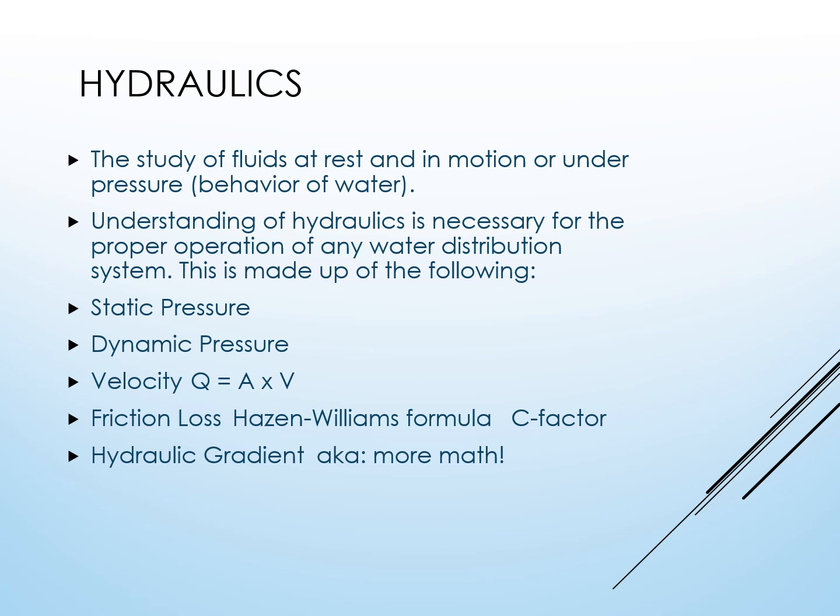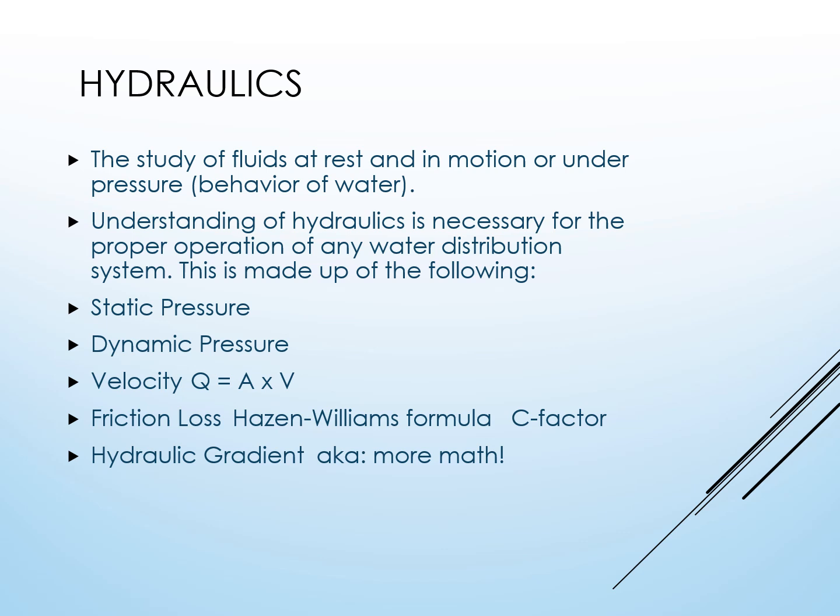some people might be more familiar with what's called the C factor, the hydraulic gradient. So, as water moves through the distribution system, if you have water at a certain elevation, if there was zero friction loss, if there was a leak, though, as water moved downstream, it would be able to reach that same elevation.